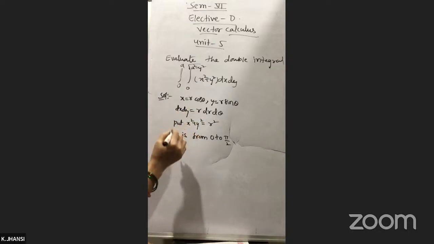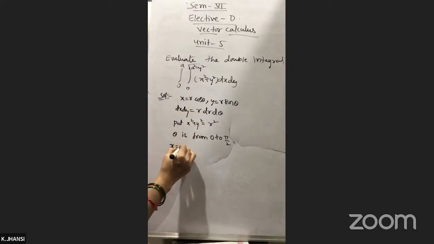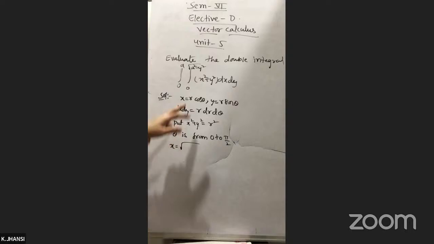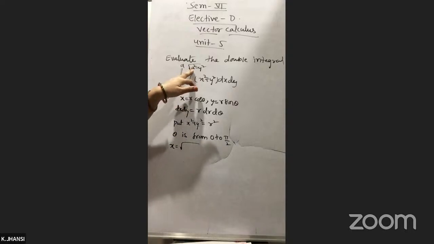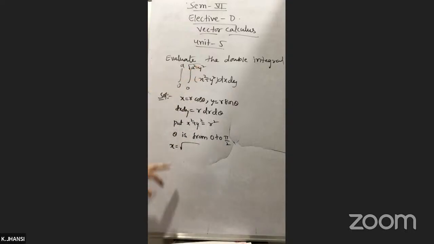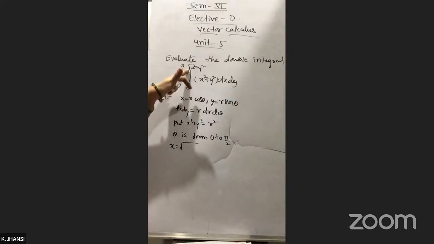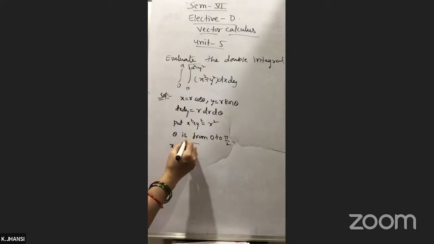And from this relation, we can write x is equal to root of, here it is, 0 to a square minus y square. So one limit is x equals 0, another limit is x equals root of a square minus y square.